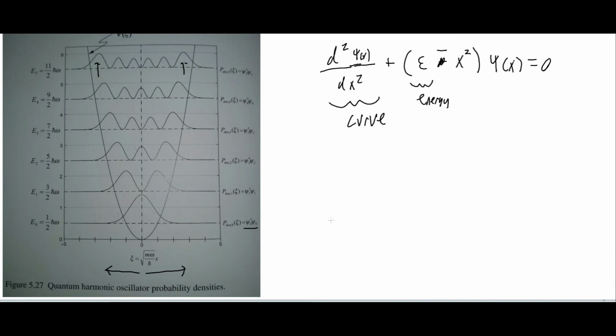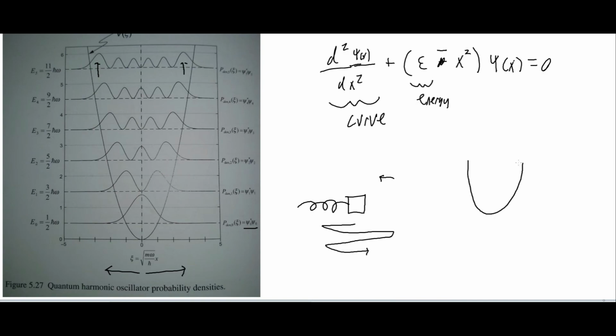And that makes sense if we go back to the analogy of the mass on a spring. If this is moving back and forth, we know that at the edges it's going to be slower, because the force pushing inward keeps getting stronger as we go to the edges. So it slows down when it's at the edges of the well.